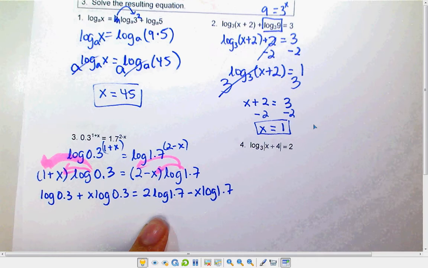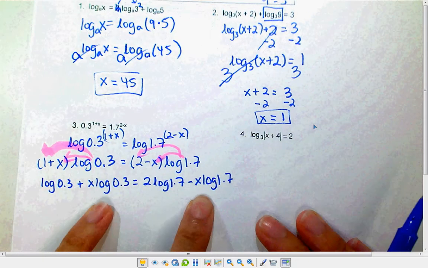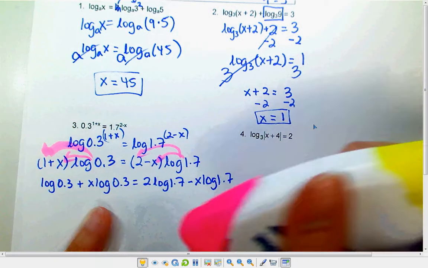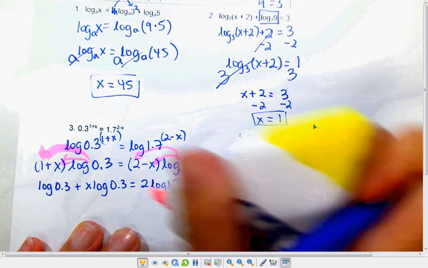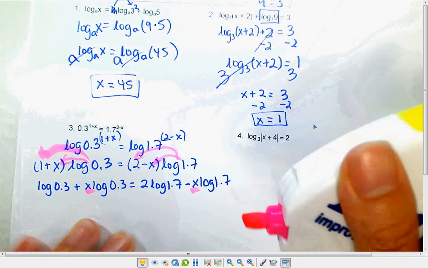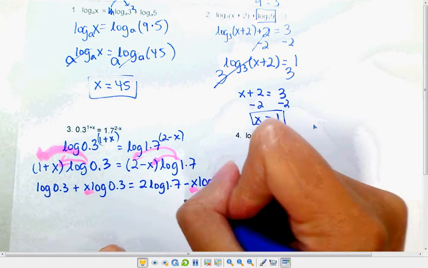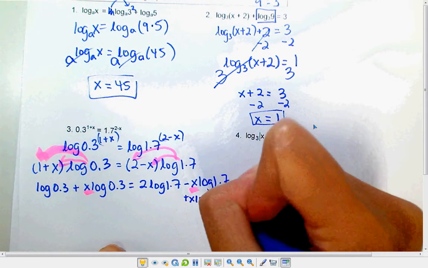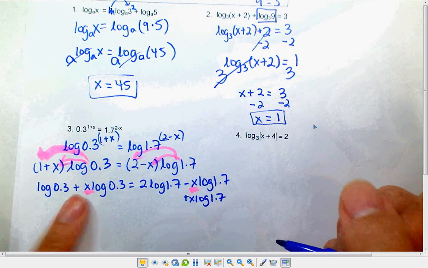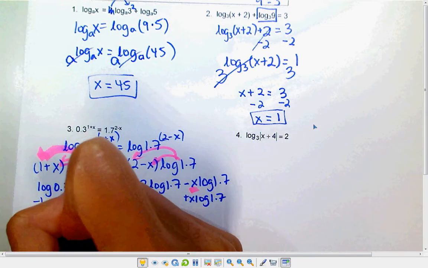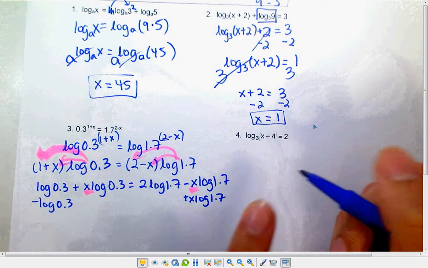They don't change. Now, just like before, I'm trying to get all my terms with x onto one side, everything else on the other side. So here's an x, here's an x. I need to get these two on the same side. So I'm going to move this whole term plus x log 1.7 onto this side. And I'm also going to move this one, minus log 0.3, over here.